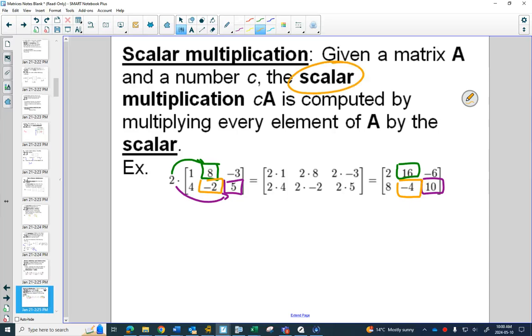Have you ever seen the word scalar before? Okay. It's interesting in mathematics. Sometimes we have numbers show up in different places. Scalar multiplication is just multiplication by a number in front. So scalar is another word for number.